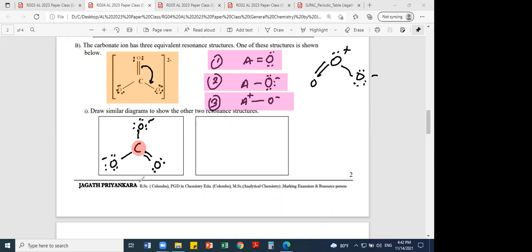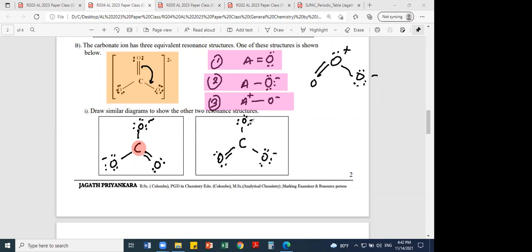Then what is the next possibility? We can shift this double bond to the other side. Then you can get the double bond here and the other two become single, with minus charge on oxygen. So again you have to put the lone pairs on this. When there's a minus charge on oxygen, there are 3 lone pairs.